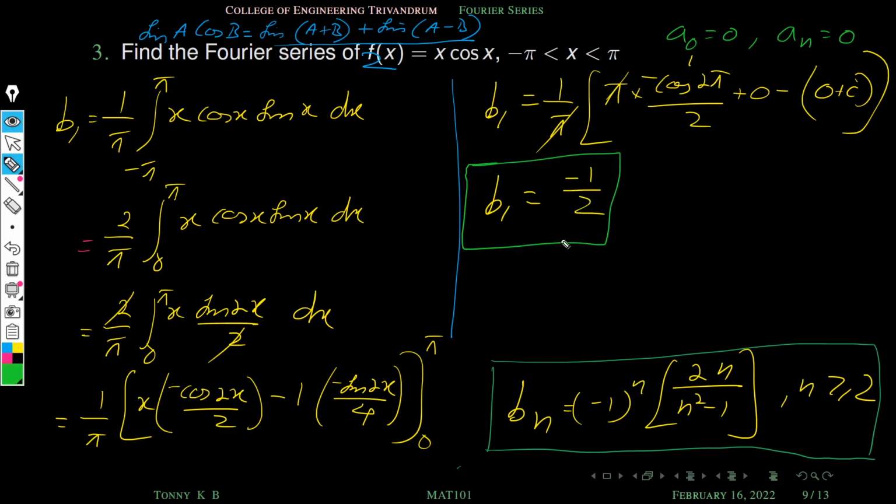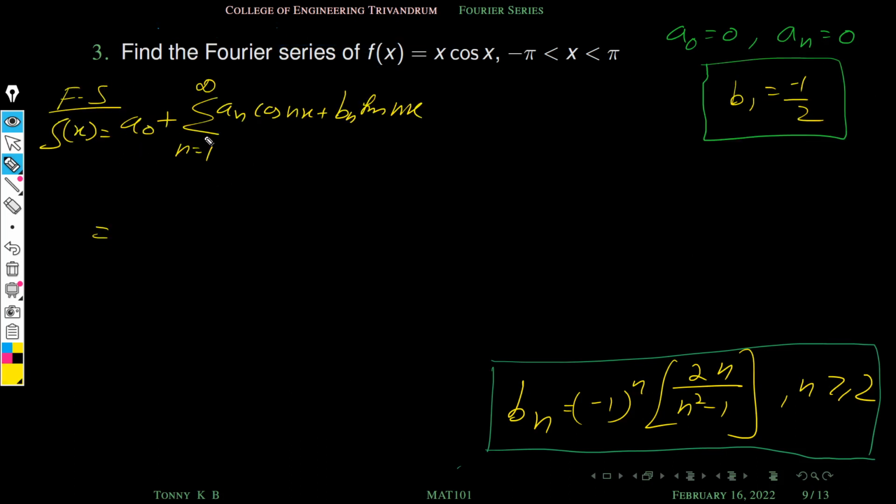Okay, now we have all the coefficients, b1 and bn for n greater than or equal to 2, and a n's are 0, all the a n's are 0. Now we are ready to write our Fourier series. Okay, our Fourier series is given by this formula, a naught plus sigma an cos nx plus bn sin nx. Here a naught is equal to 0 and an's are 0, only bn exists.